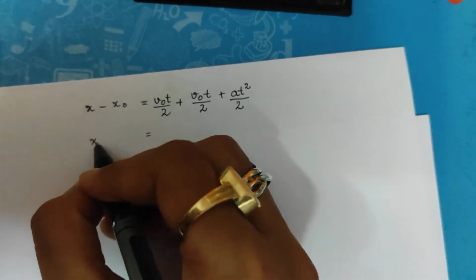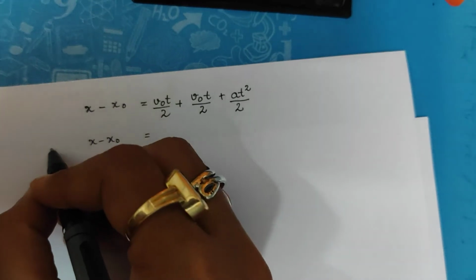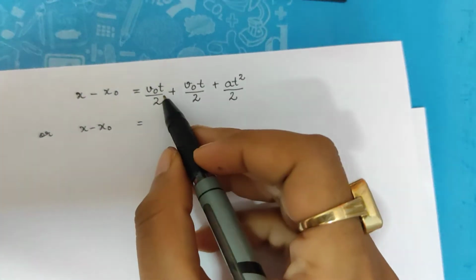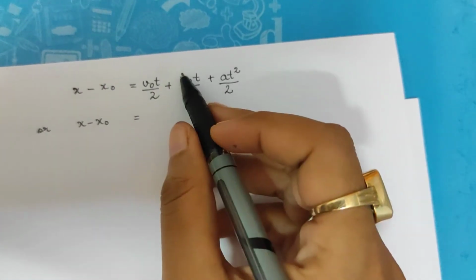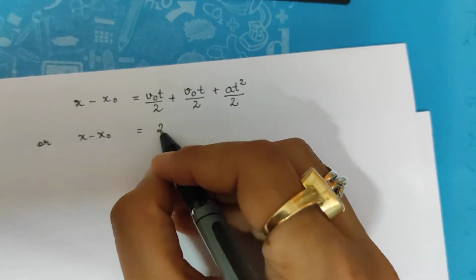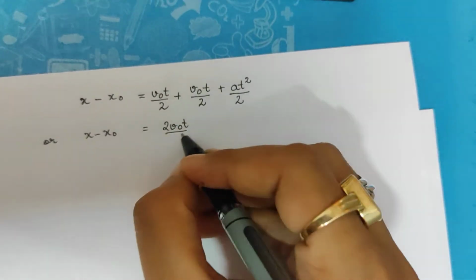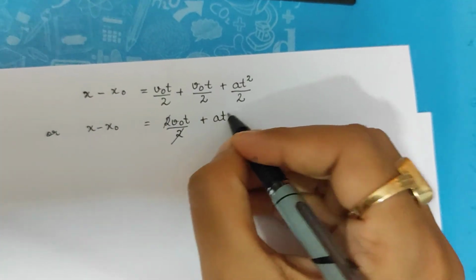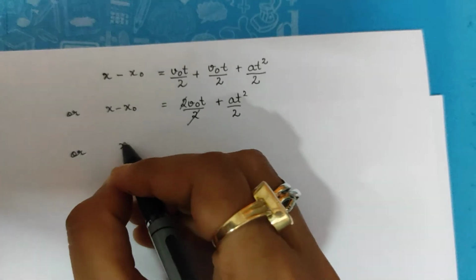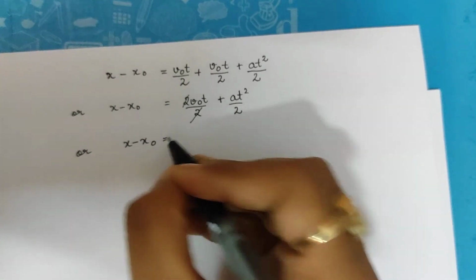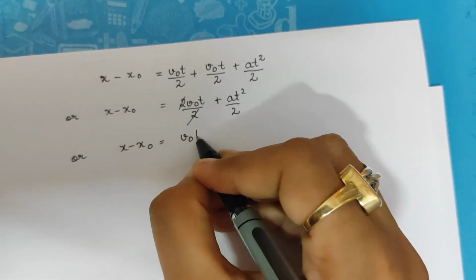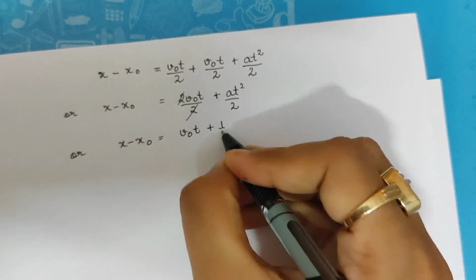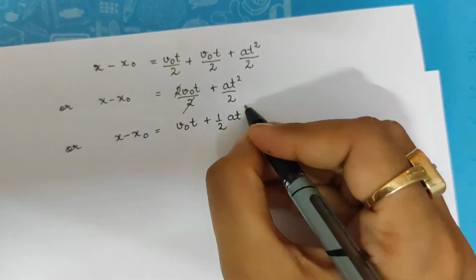If we solve it again, V naught t by 2 plus V naught t by 2 will give us 2 V naught t by 2, and this 2 and 2 will get cancelled, plus a t square by 2. So we finally get x minus x naught is equal to V naught t plus 1 by 2 a t square.